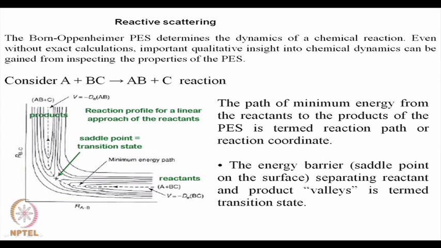So this is the minimum energy path, giving rise to the product AB plus C. This arrow, and this is the highest energy point, which is called the transition state, and the reaction profile for a linear approach of the three reactants. So in this case it is a linear approach.